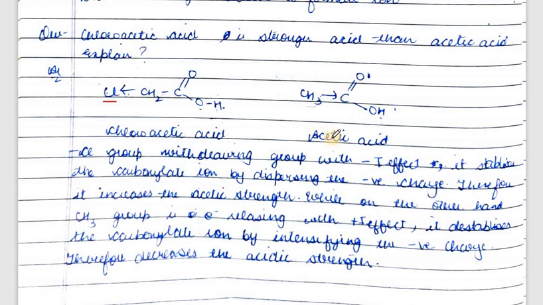This electron withdrawing group has a negative inductive effect. It will displace the electrons towards itself, and the release of H+ will be easy, as compared to acetic acid, in which the electron releasing group increases the electron density here, so release of H+ becomes difficult. So chloroacetic acid is more acidic than acetic acid.